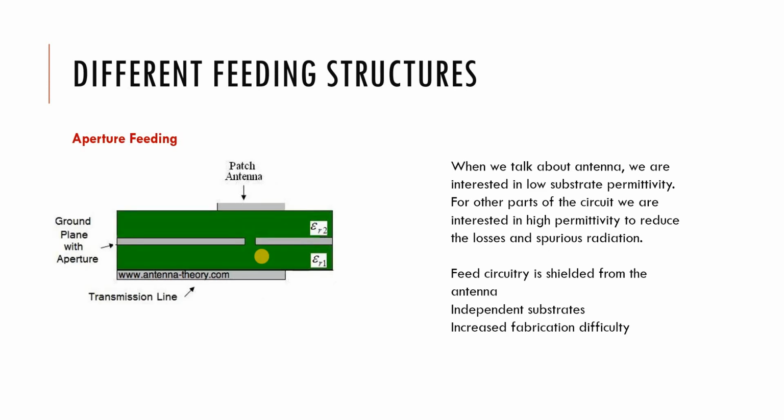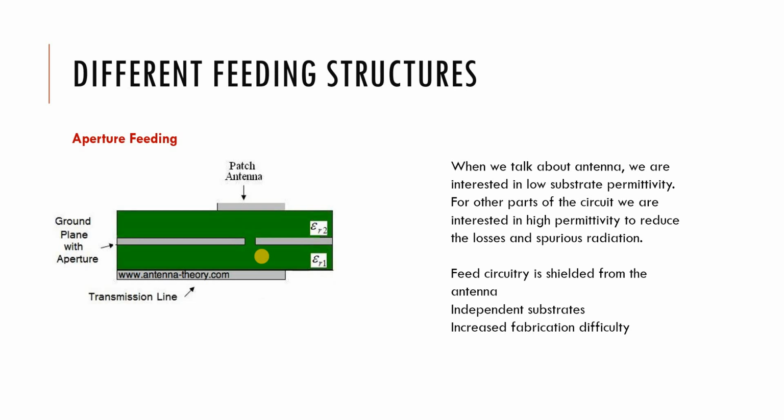Also, there is aperture feeding, or stripline feeding. There is a trade-off between the antenna and the feeding network, especially with the microstrip antenna and microstrip line, because for the microstrip line we are interested in using a high permittivity to reduce the losses and spurious radiation.